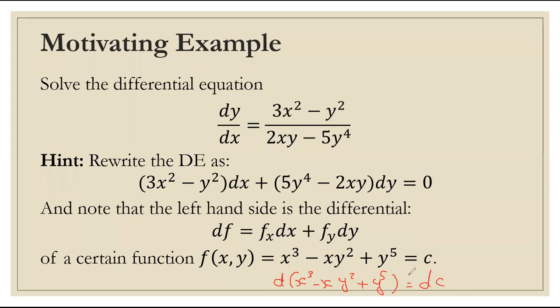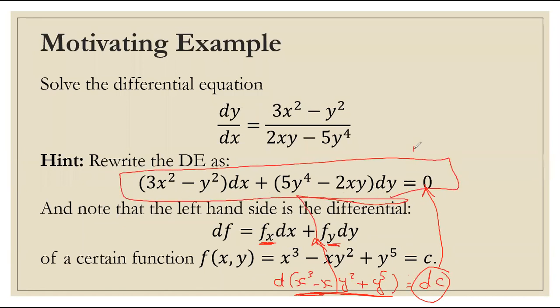Now the differential of c is 0, and the differential of this term is given by this rule, and by finding the partial derivatives of f with respect to x and y, I will get this. So now this equation is exact because it comes from this f by taking the differential of both sides.